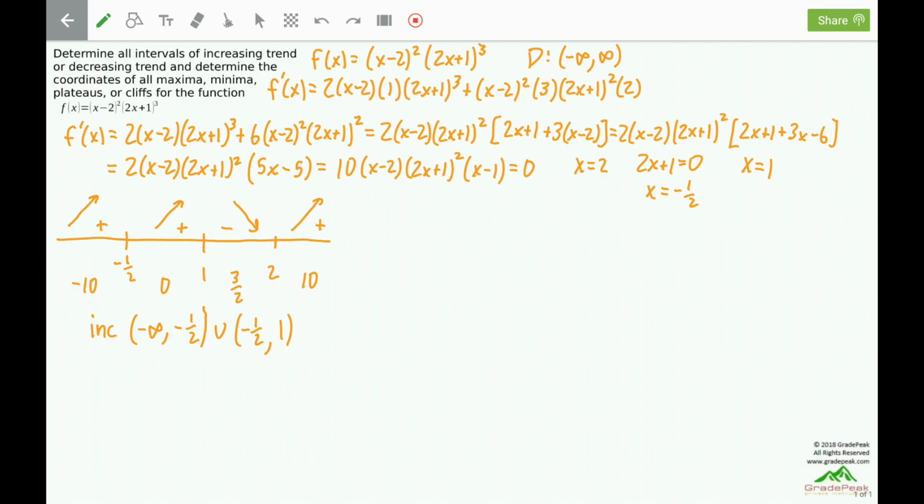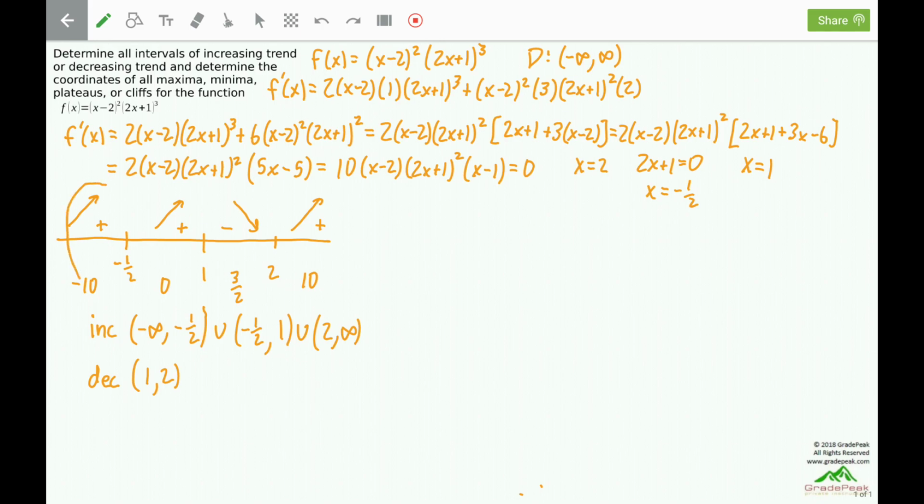It has a round bracket on the -1/2. And then union one more interval from 2 to positive infinity. So it's increasing most of the time here. We do have an interval of decreasing trend. It's occurring on the interval from 1 to 2.